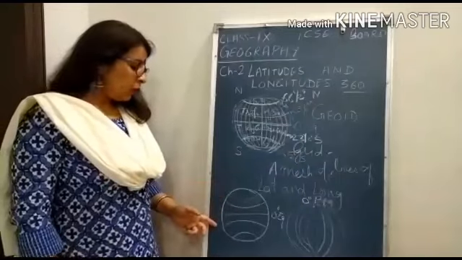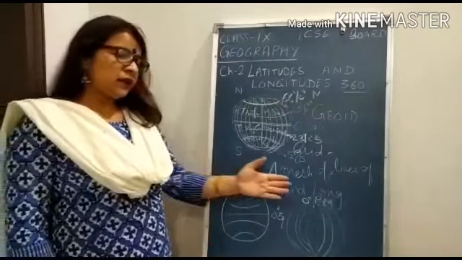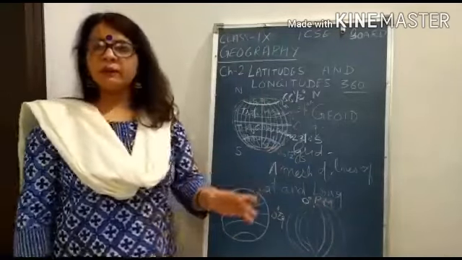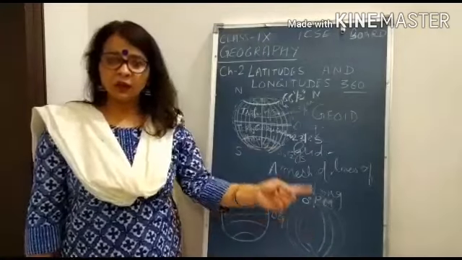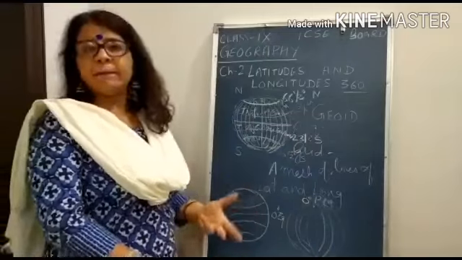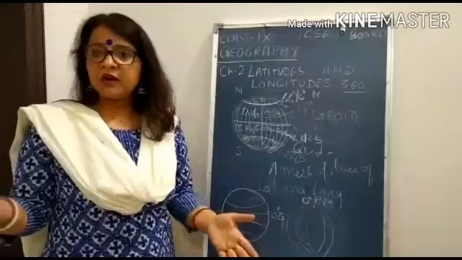Students, now I'll make the concept of latitude and longitude clear. What is the definition? These are very important things. Define latitude and define longitude. Already we know that we have 5 main parallels. Earth is very vast in size.